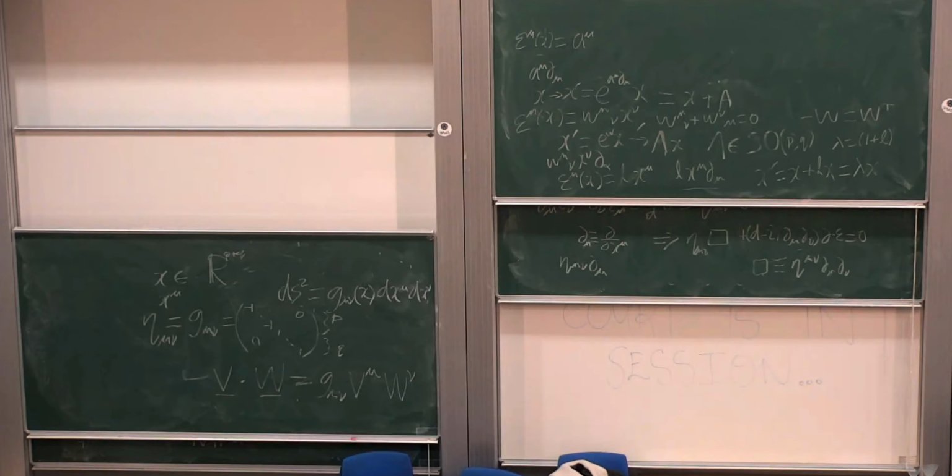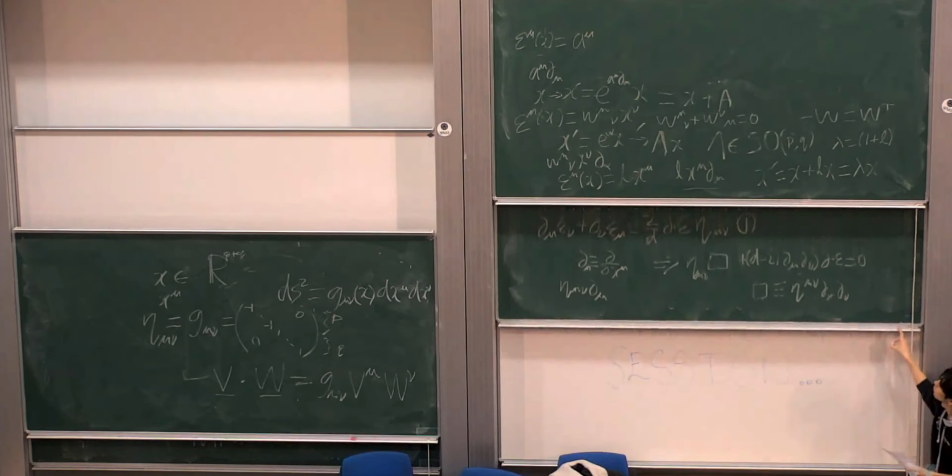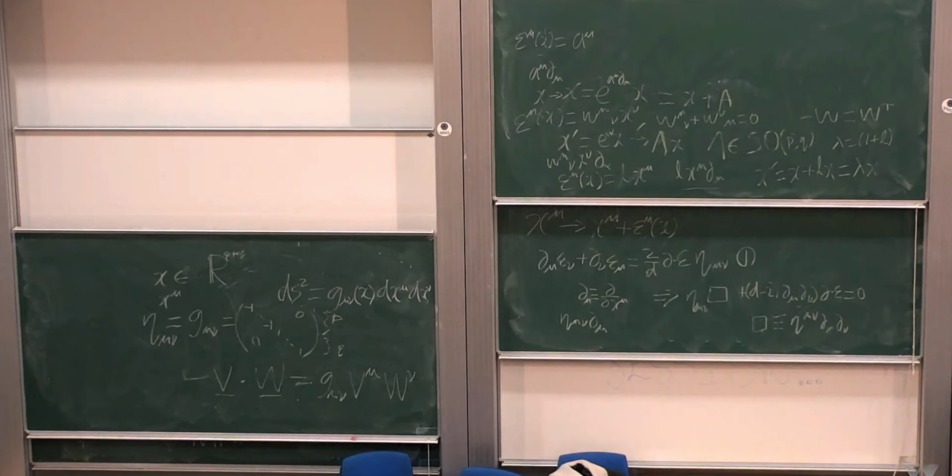But this is the solution to the quadratic case of this equation, the Killing vector equation. b x mu, p x.